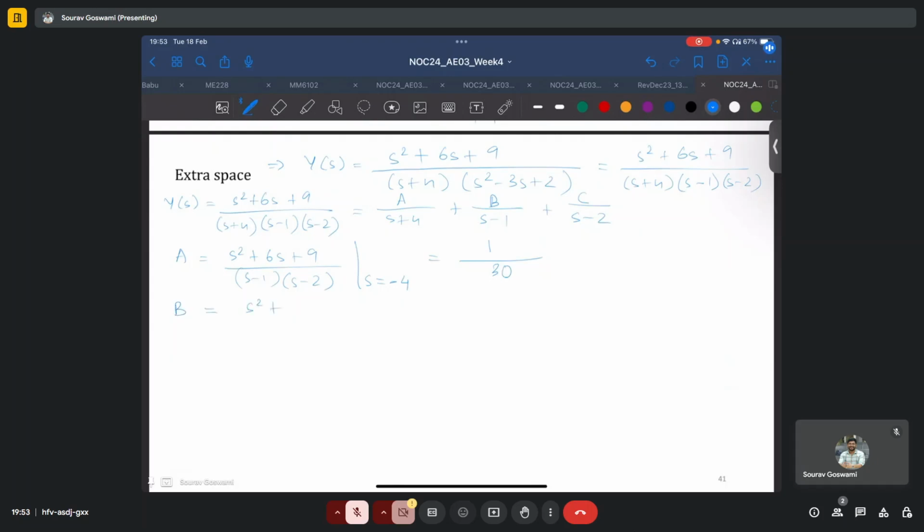B is s square plus 6s plus 9 by s plus 4, s minus 2 evaluated at s equals 1.